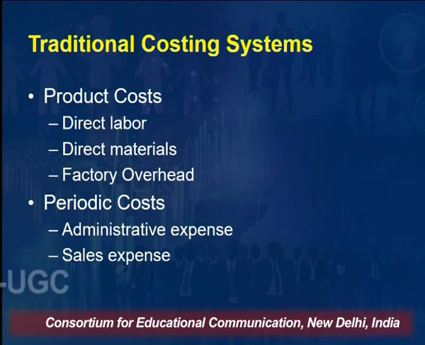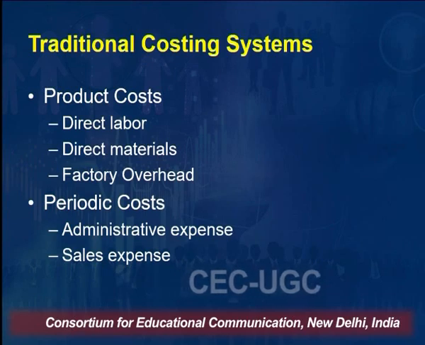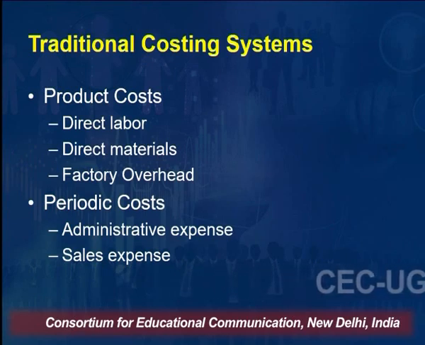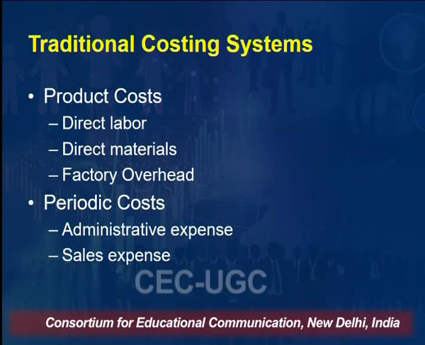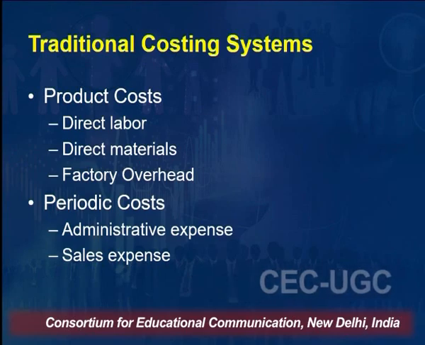There is a reclassification of it, a rearrangement of it here. I have not written material, labor and overhead. We have written direct labor, direct material and factory overhead, which was basically the prime cost plus factory overheads. And there were certain costs which were based on time. That is administrative expenses, selling expenses, it may be rent of office, it may be salary of your employee.